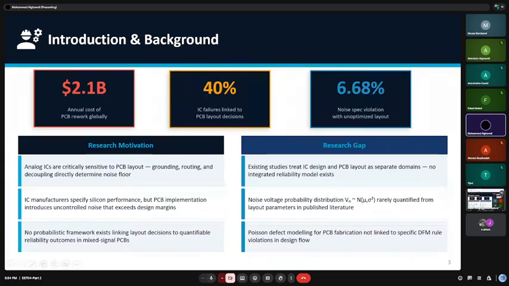So the gap we are working with is that existing studies treat IC design and PCB layout as separate domains, not integrated with reliability models. Noise voltage probability, Vn, is rarely quantified from layout parameters, and the defect modeling for PCB fabrication is not linked to specific design for manufacturing (DFM) rule violations in the design flow.